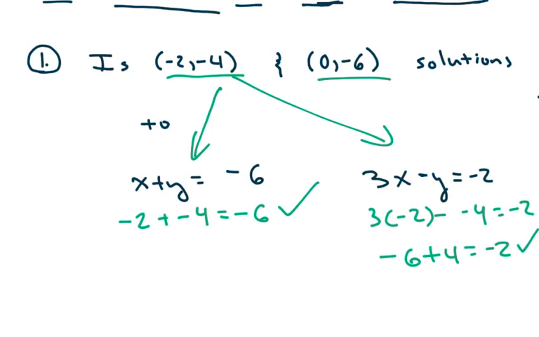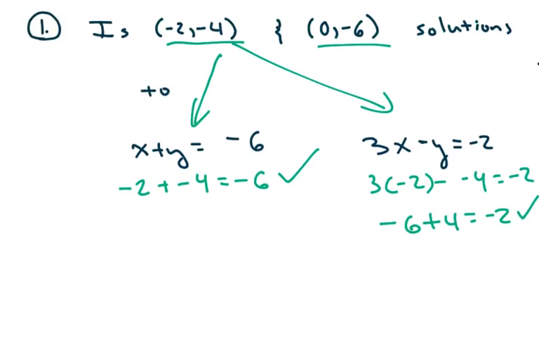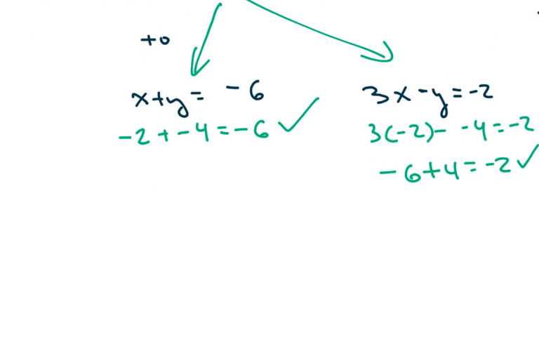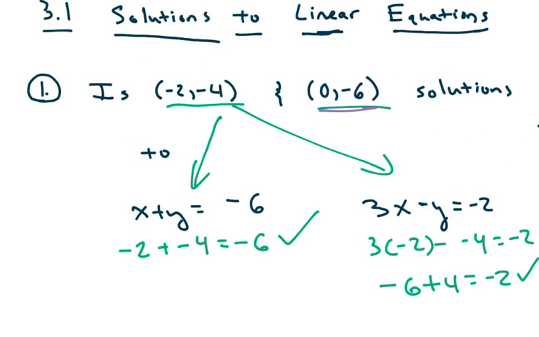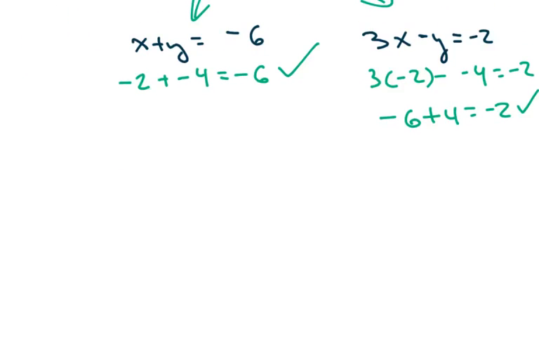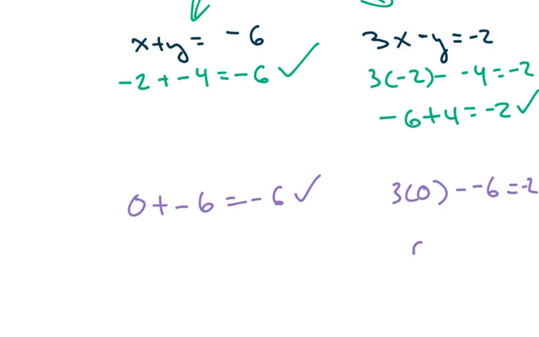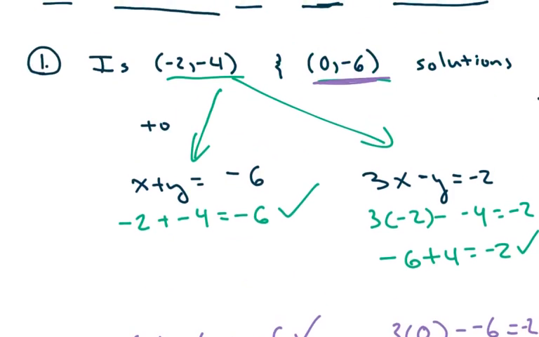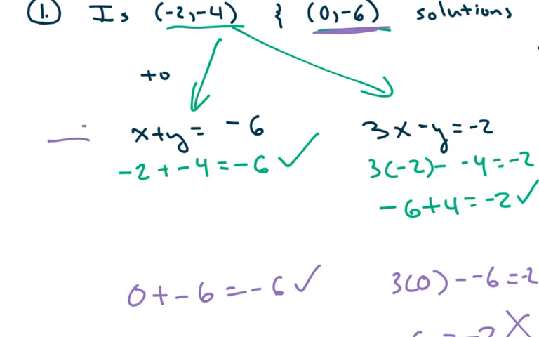If I plug in the second point, which is 0, negative 6, then I'll get that it's true for the first one, but on the second one we'll get 6 equals negative 2, which is not true. That should be apparent because these two lines are not the same line.